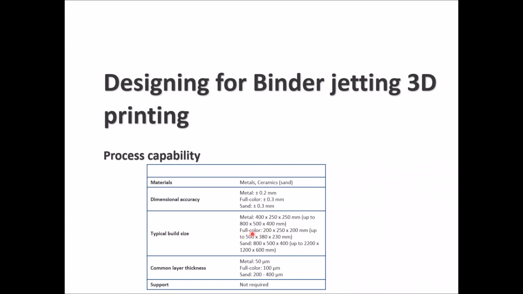For full color, it's 200 by 250 by 200 millimeters, up to 500 by 380 by 230 millimeters. For sand, it's 800 by 500 by 400, and can go up to 2200 by 1200 by 600 millimeters. Common layer thicknesses: for metal, 50 micrometers; for full color, 100 micrometers; for sand, 200 to 400 micrometers. Support is not required in this methodology.